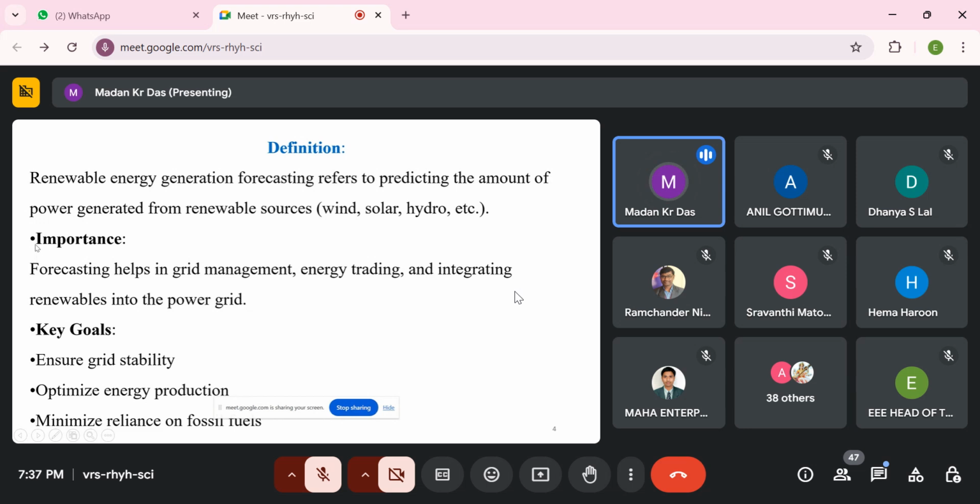So this is the importance of forecasting: it helps in grid management, energy trading, and integrating renewables into the grid. The key point of renewable energy forecasting is that it ensures grid stability, optimizes energy production, and minimizes the reliance on fossil fuels.